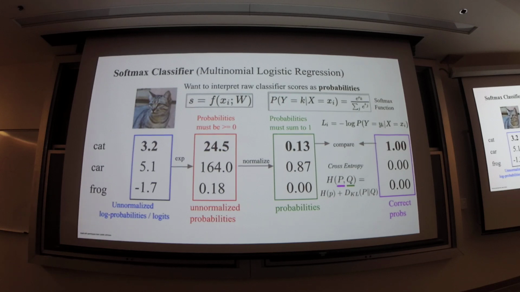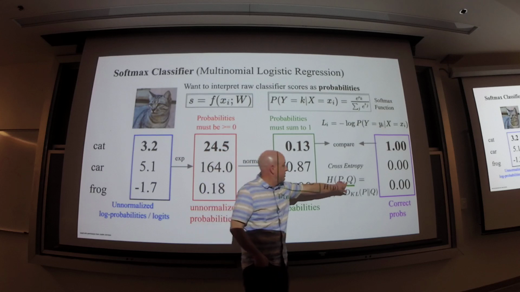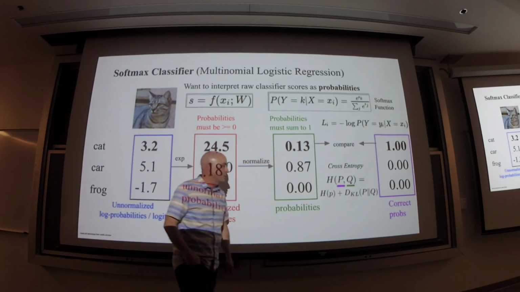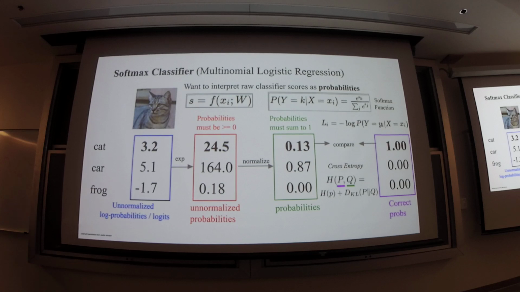The cross entropy between two distributions is just the KL divergence between them plus the entropy of the first one. These have measure theoretic or information theoretic interpretations, but for us, they're just ways of measuring the similarities between distributions.